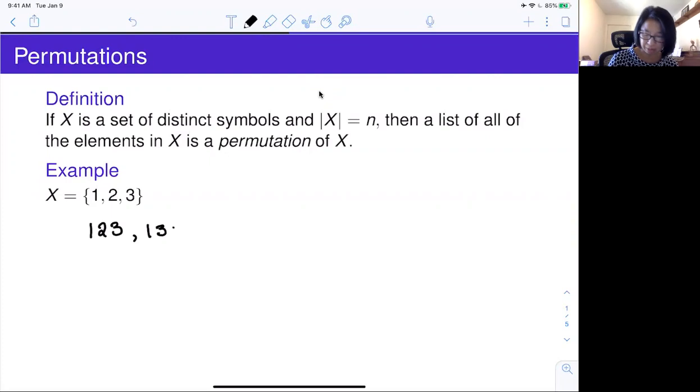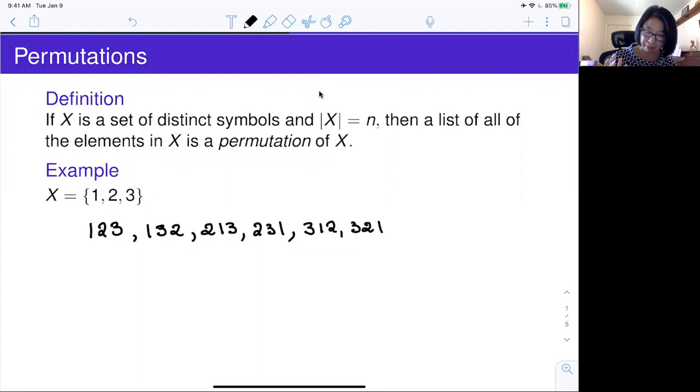So 1, 2, 3 and 1, 3, 2 are the two permutations of X that start with 1. There are also two that start with 2: 2, 1, 3 and 2, 3, 1. And there are two that start with 3: 3, 1, 2 and 3, 2, 1.